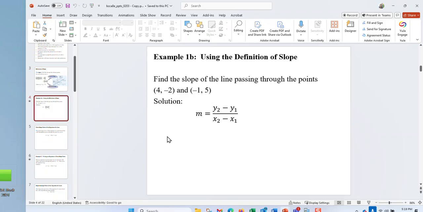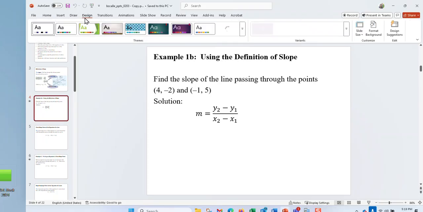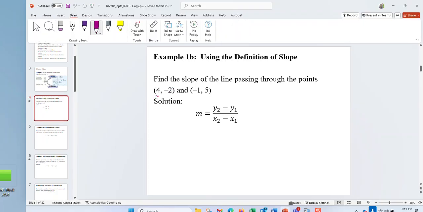So that is how you find the slope in general, okay? Look at this one right here. If I have these 2 points, how do I find the slope? I usually mark the x1, y1 here and x2, y2 here. This sounds pretty simple, but you mark it so you don't make a mistake. Otherwise, some people think this is x1 and this is x2, which is wrong, right? So y2 here is 5 minus y1 here, which is negative 2, and x2 here is negative 1 minus x1 here, which is 4.